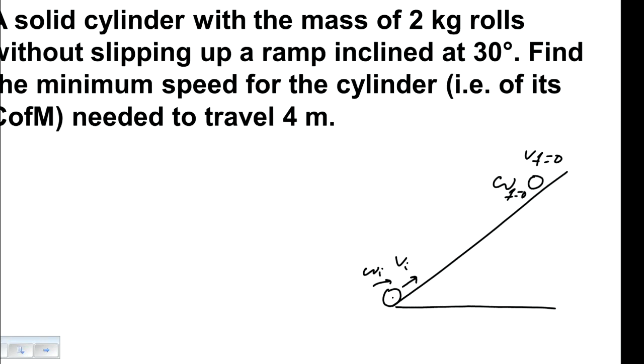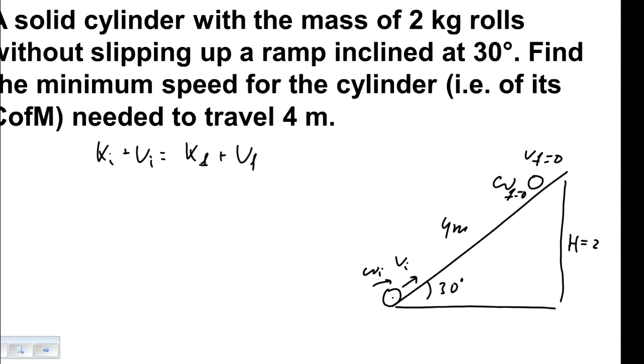It's the same ramp, 30 degrees, and it should travel 40 meters up. So it will be h, which is 2 meters higher. So kinetic initial plus potential initial equals kinetic final plus potential final. What do we have?